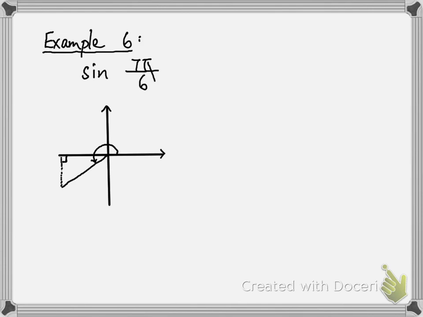Now we need to find the reference angle. To find the reference angle in this problem, we could have 7 pi over 6 subtract pi, which is 7 pi over 6 minus 6 pi over 6. Therefore, reference angle equals pi over 6.